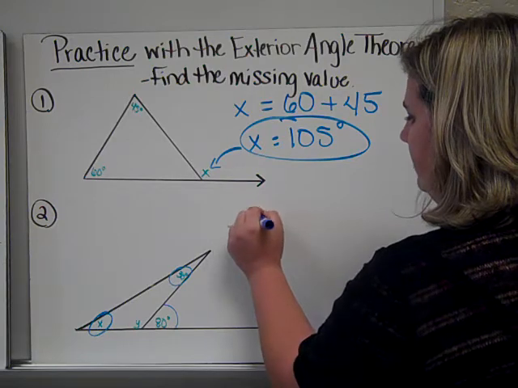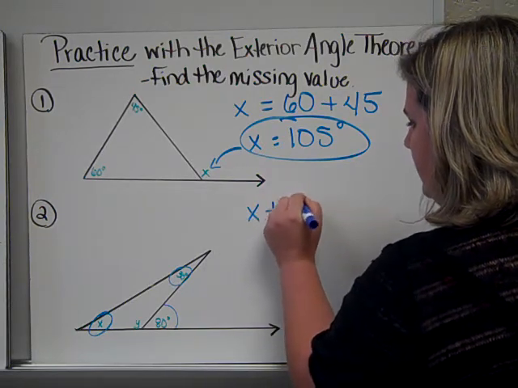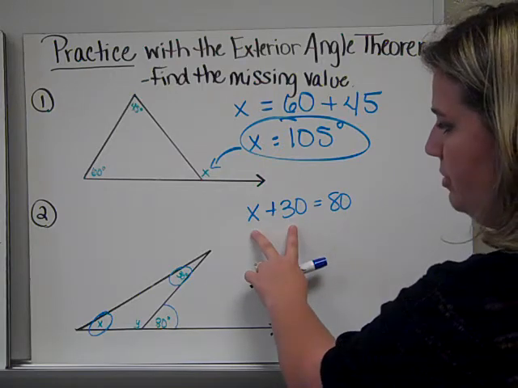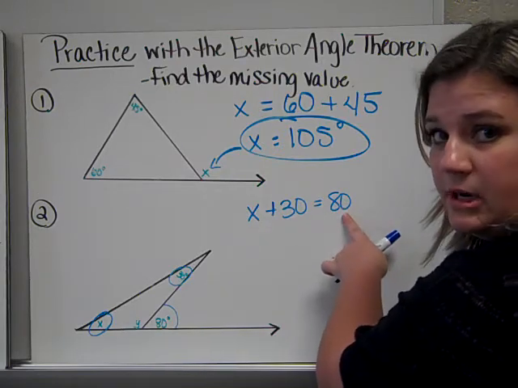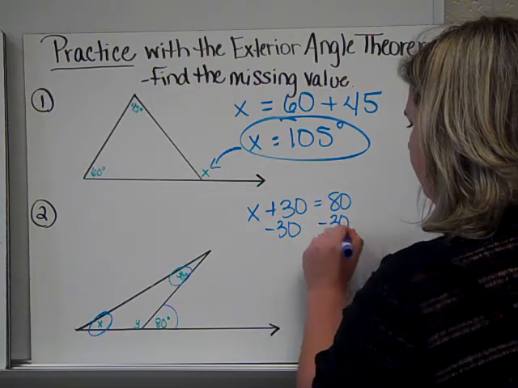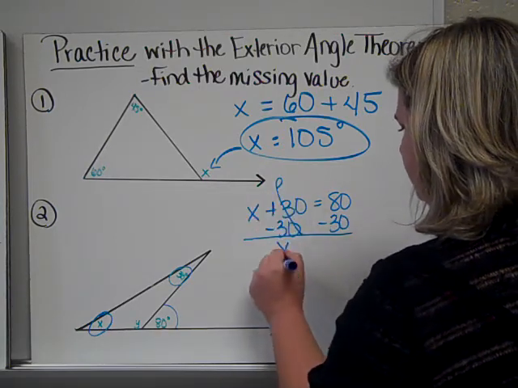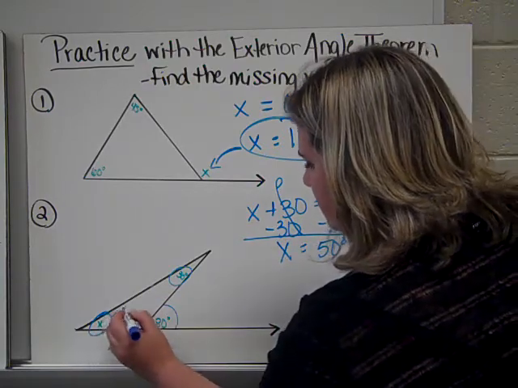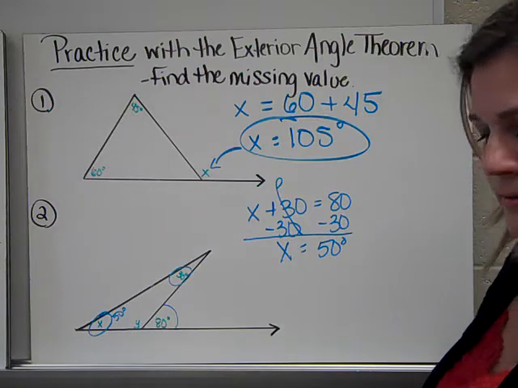So I have X plus 30 equals 80. Here are my two remote, and here is my exterior angle. So let's solve for that other angle. This one is 50 degrees.